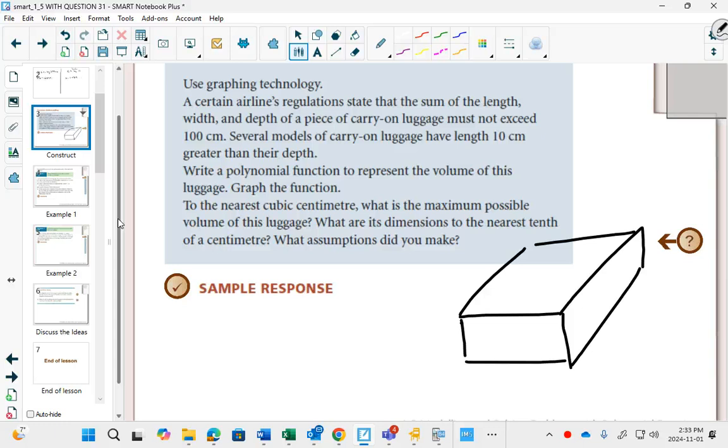And they say several models have a length 10 centimeters greater than the depth. So if I call my depth x, they say several models have a length that's x plus 10, and then they would have some sort of width. I'm going to start with a W there for width.